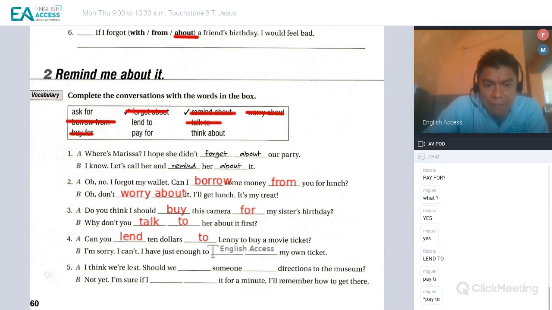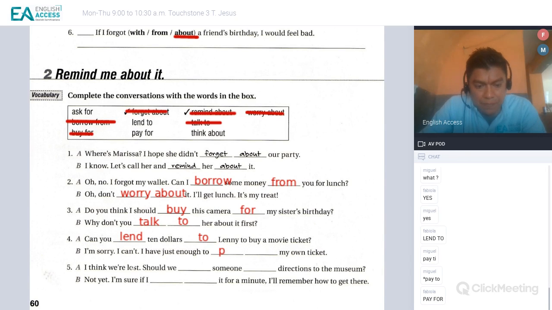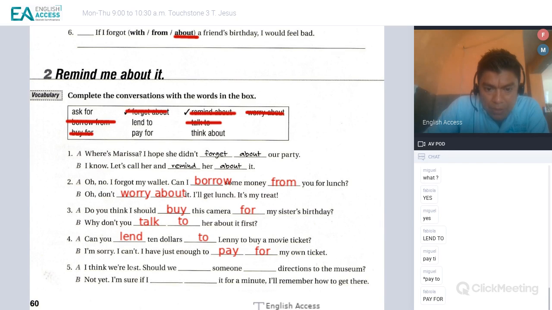I have just enough to pay for. Yes. Pay for. So we have lend to and pay for.